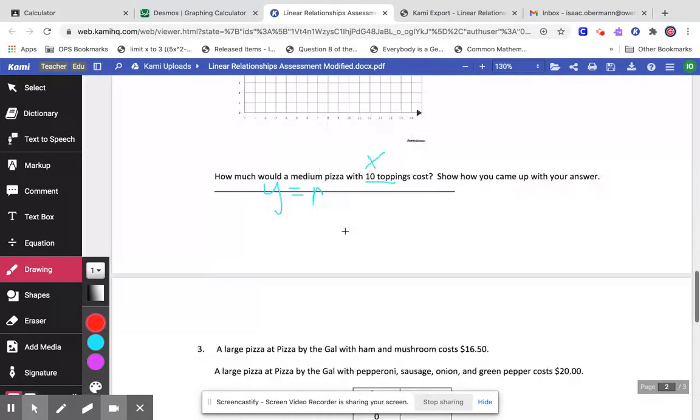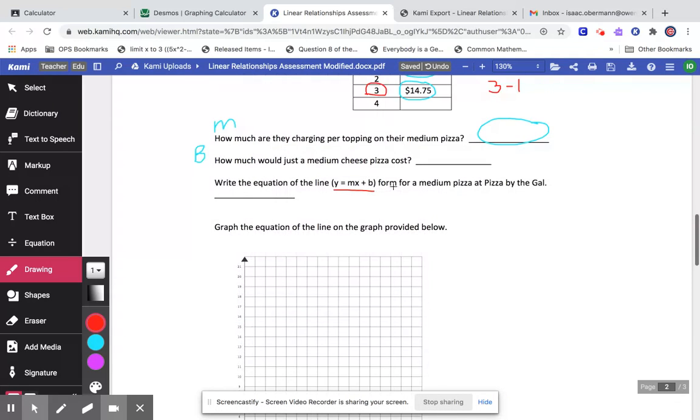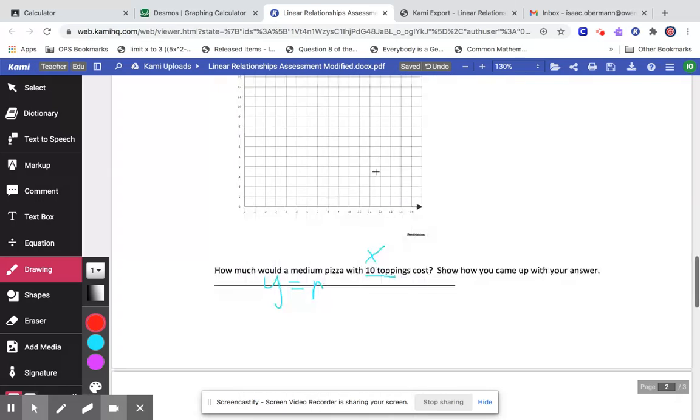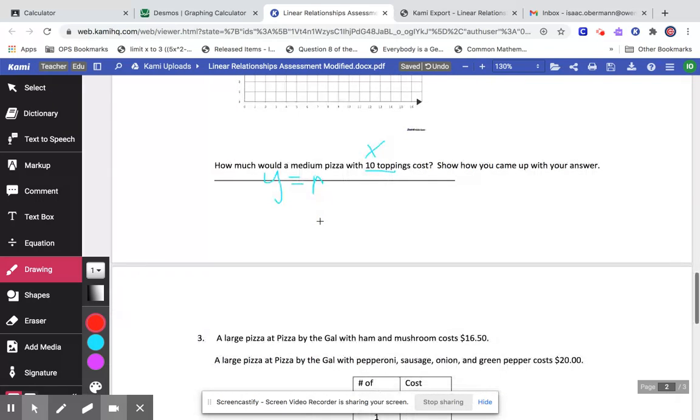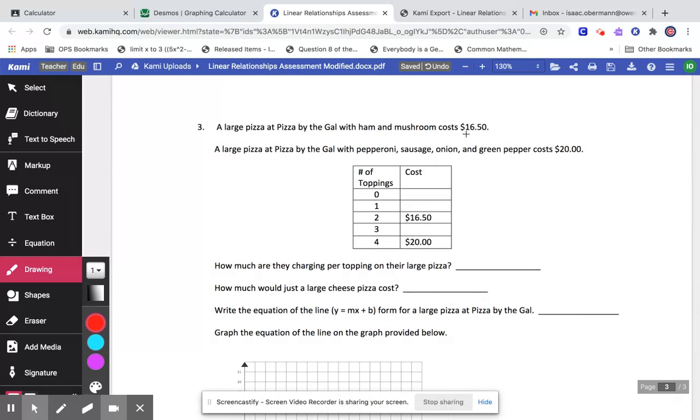Graph it. Then here you want to use your equation to figure out what would it be for 10 toppings. So you can continue your chart, or you can put 10 in for the X from your equation. The third one is the exact same deal. You want to take this one and that one and find your subtraction. Then you want to take this one and this one and find your subtraction.